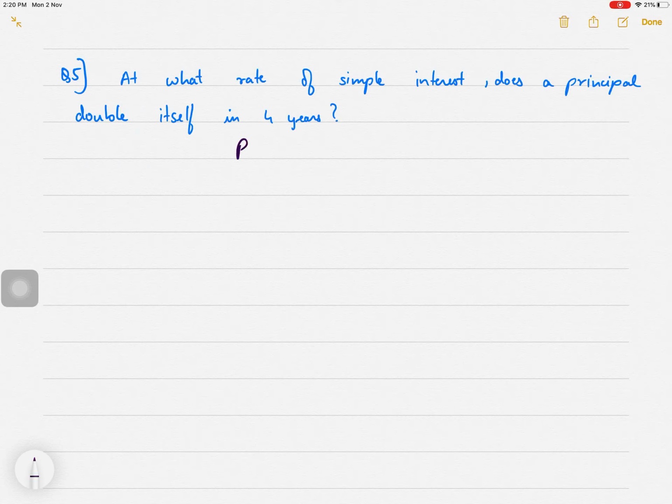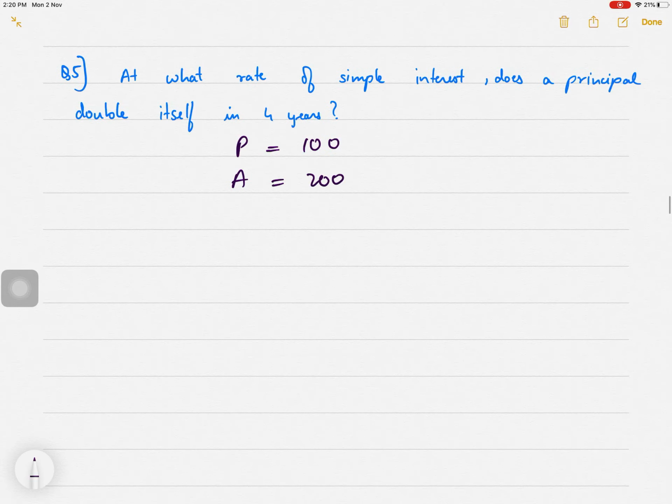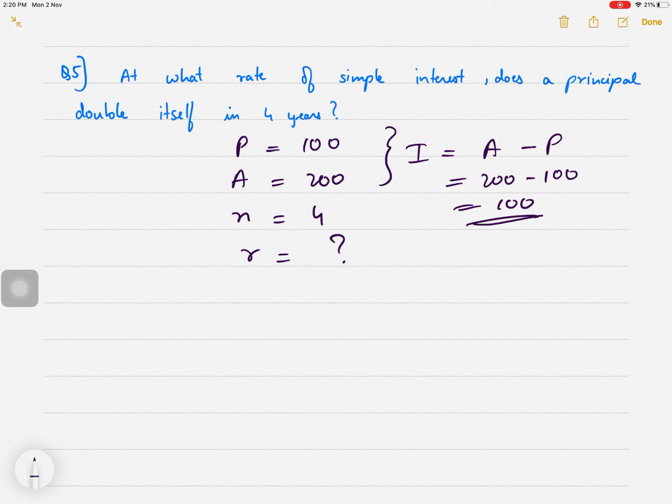So if principal is 100, then amount will become 200, right? And period is given as 4. You have to find rate of interest, right? So you know principal is 100, amount is 200. That means interest is equal to amount minus principal, which is 200 minus 100. So 100 is my interest, right?